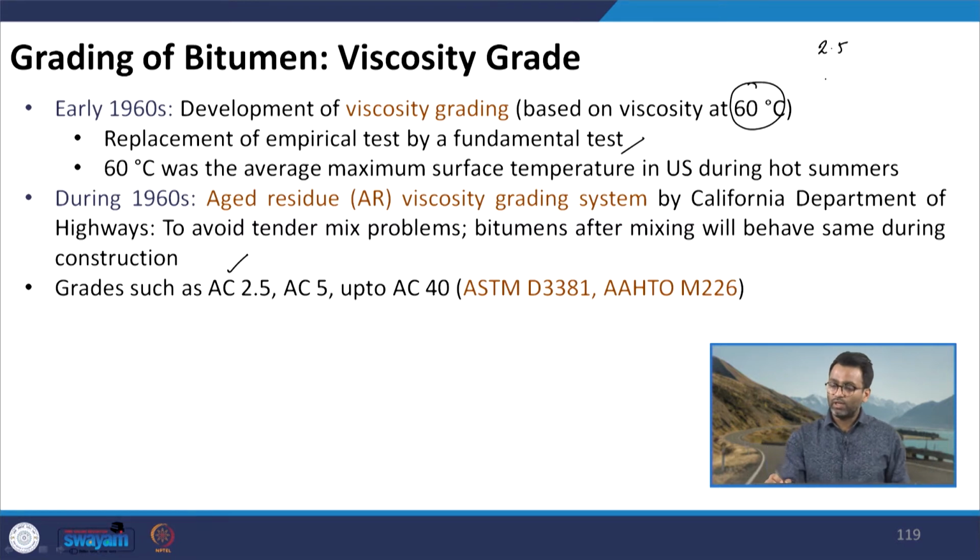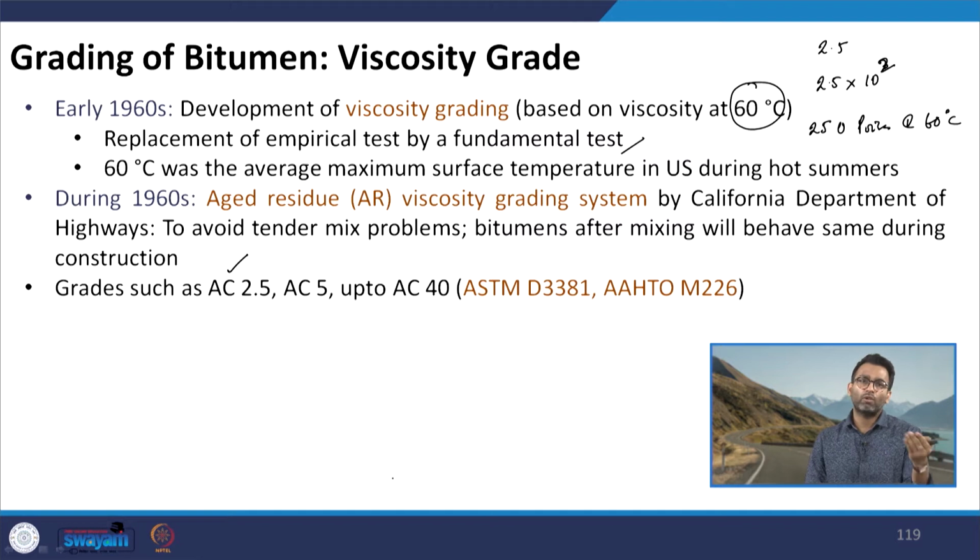AC 2.5 indicates that the viscosity at 60 degrees Celsius will be 2.5 into 10 to the power 3, which is 250 poises at 60 degrees Celsius, alright. Similarly, AC 40 means that the viscosity will be 4000 plus minus something, or if this is a one side specification, it can be minimum 4000 poises at 60 degrees Celsius.